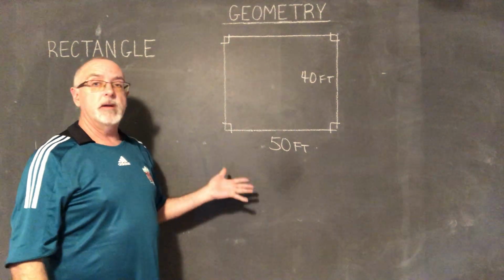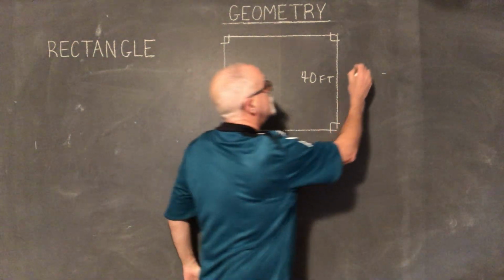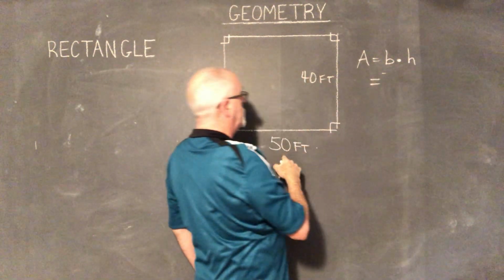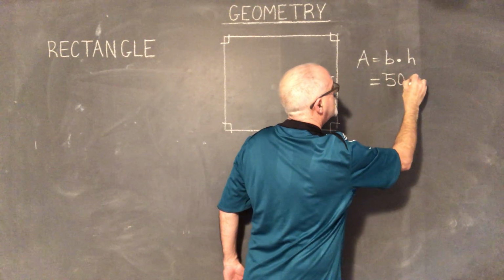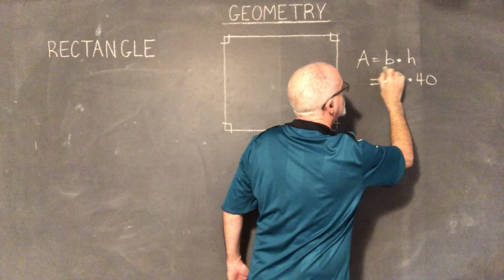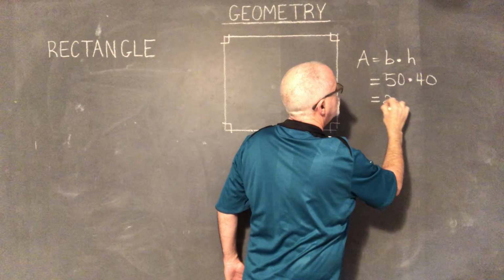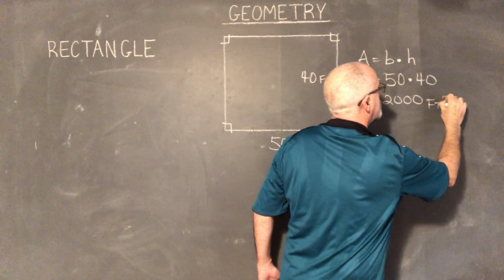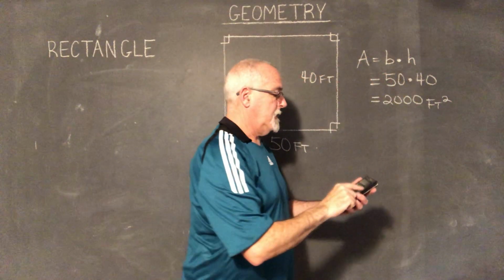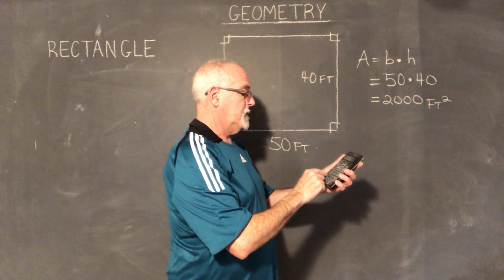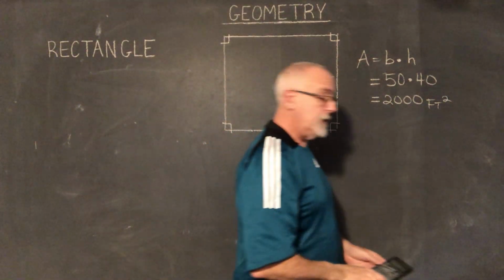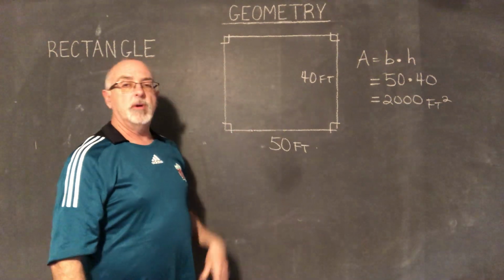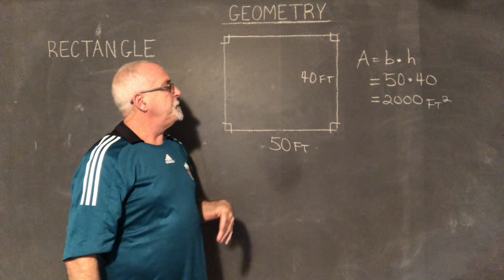If I want to know what area of grass I have to mow, the area is equal to the base times the height of the rectangle, which is going to be 50 times 40, which should be 2,000. Oh, it's a nice big number. 2,000 square feet. Okay, double checking my answer, but feeling quite confident. Yes, 2,000 square feet. Seems like an awfully big answer, but that sort of thing happens when we multiply. So I have to mow 2,000 square feet of grass in this yard.